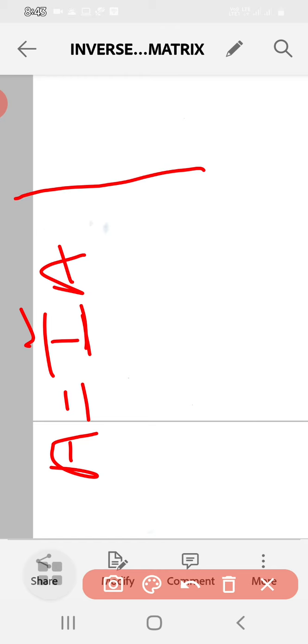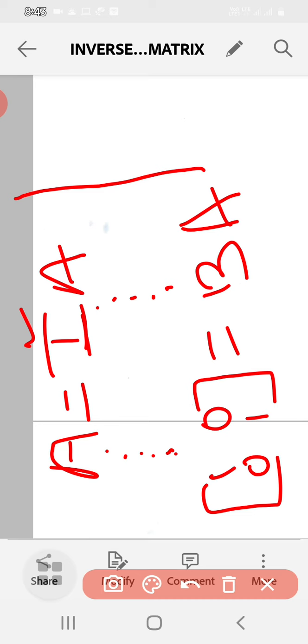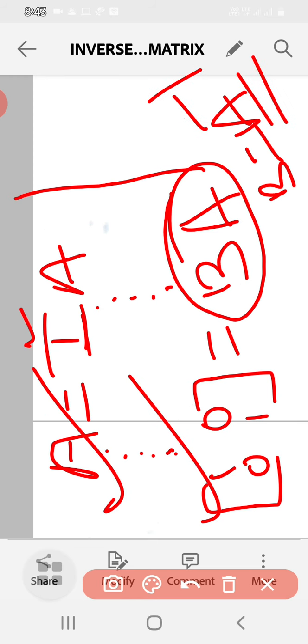Then reduce the LHS to identity matrix. Identity matrix means it should be 1 0 0 1 if the order is 2 cross 2. Then you reduce I on the RHS to some matrix B, and you write A as it is. Then B will be the inverse of A. So this way we can find the inverse of the given matrix.